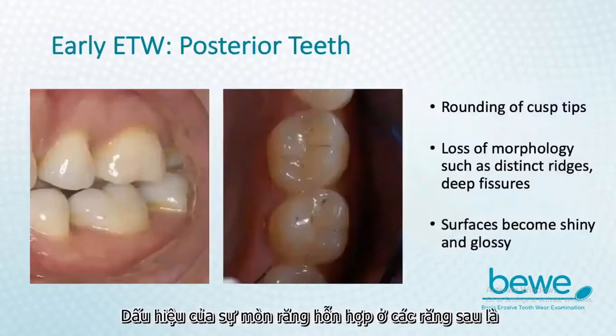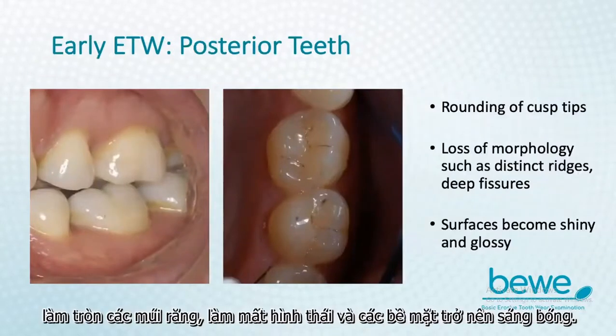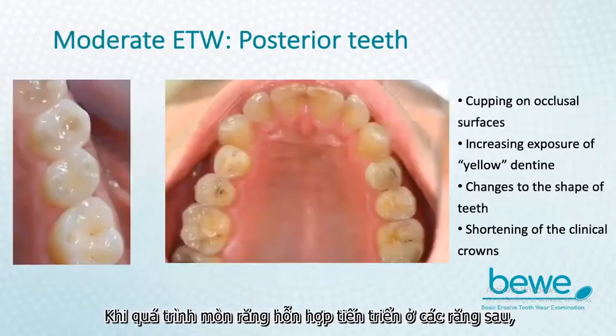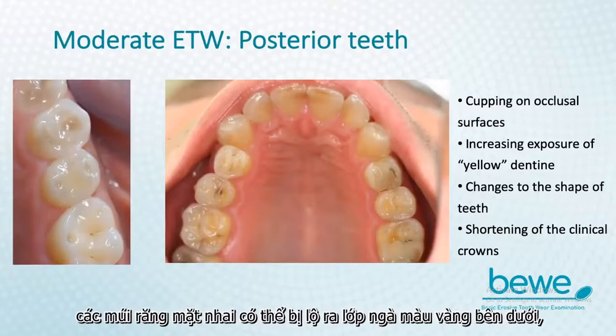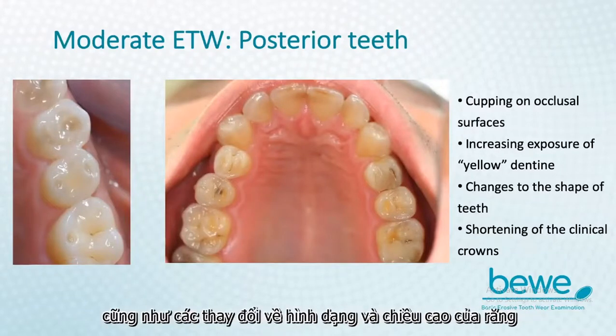Signs of erosive toothwear on posterior teeth are rounding of the cusp tips, loss of morphology, and the surfaces become shiny and glossy. As erosive toothwear progresses on posterior teeth, occlusal cupping and exposure of yellow dentine can happen, as well as changes to the shape and height of teeth.